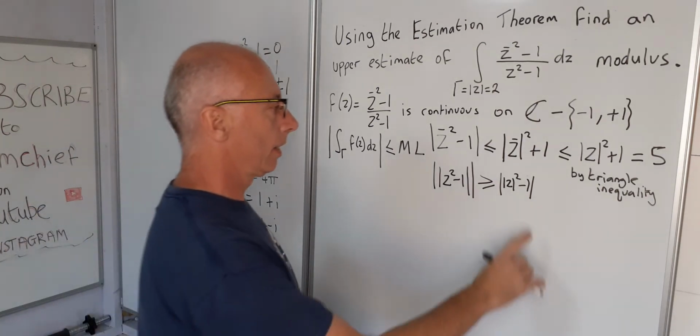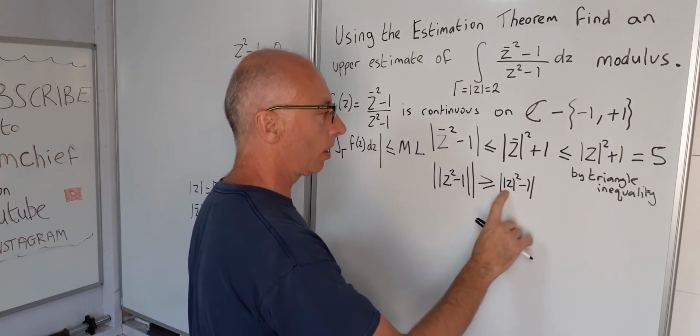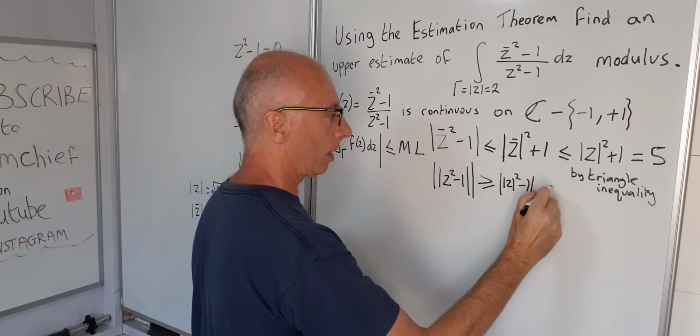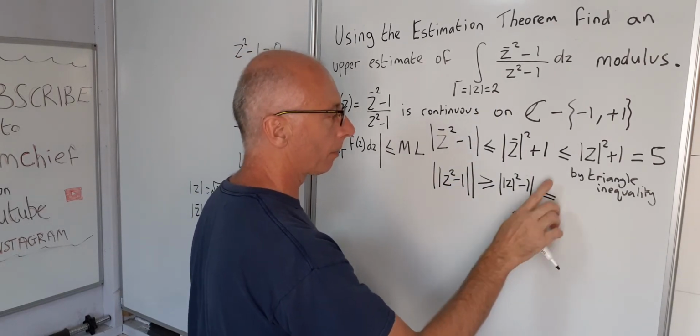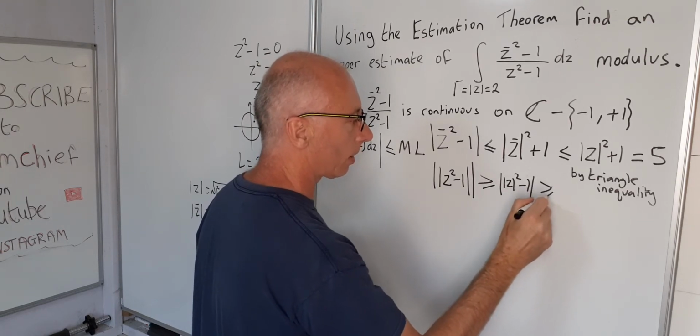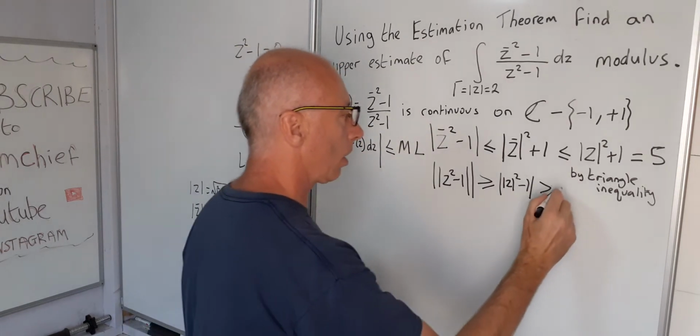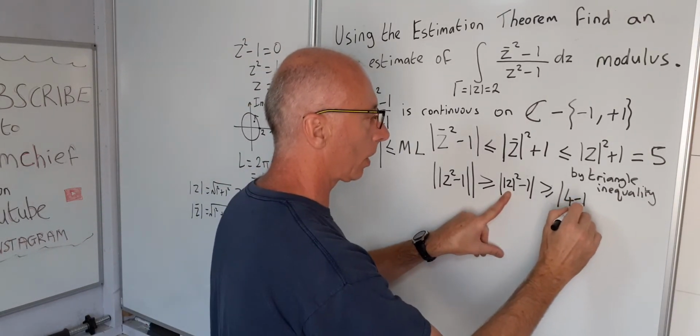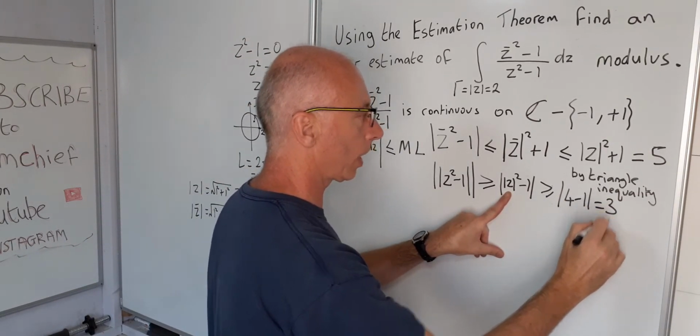Okay, so keeping this modulus here, z squared, again we know that the modulus of z is 2, so we can say that this is greater than or equal to the modulus z squared, which will be 4 minus 1, which equals 3.